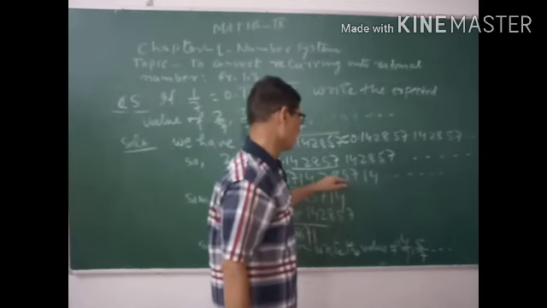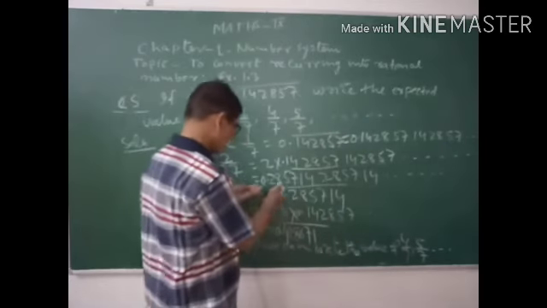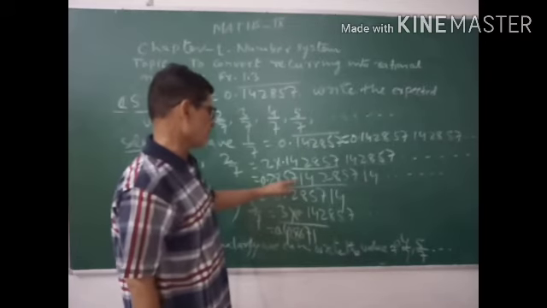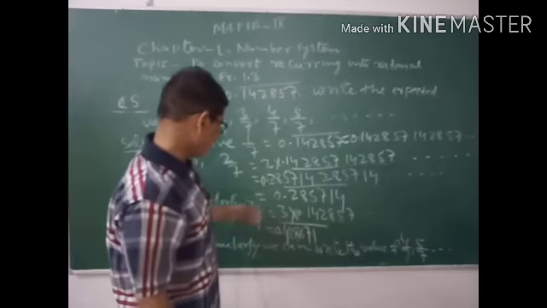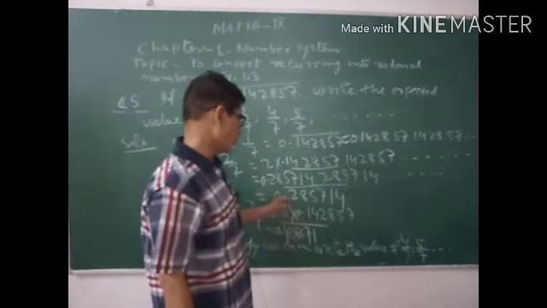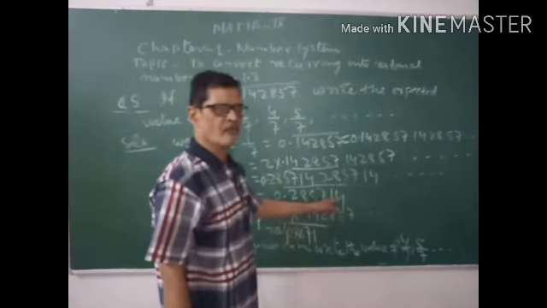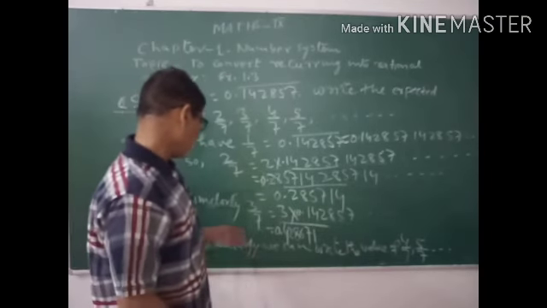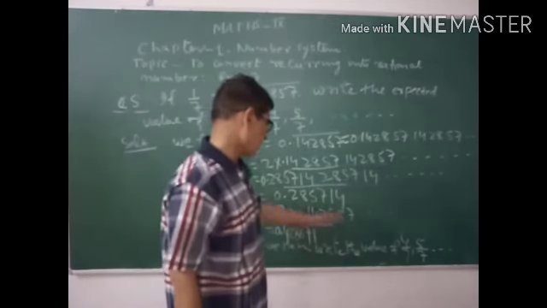285714, 285714, and so on. So this is again the case of recurring because 285714 is repeating again and again. Thus we can write it in recurring form equal to 0.285714. This is the value of 2 by 7. Similarly, we can write 3 by 7. 3 into this.